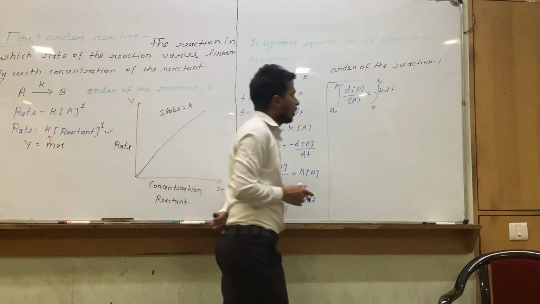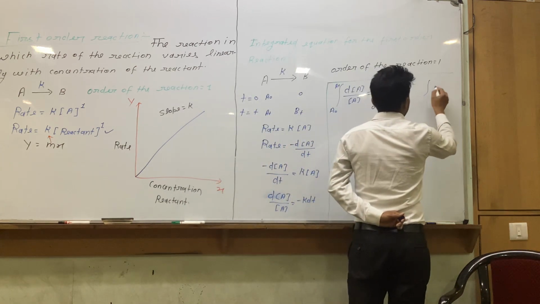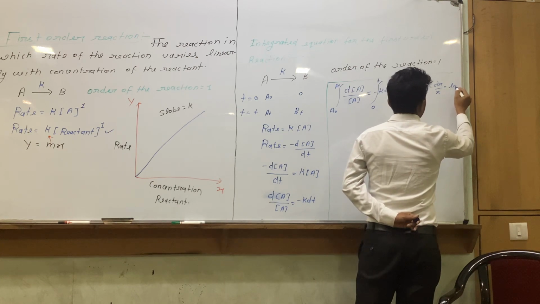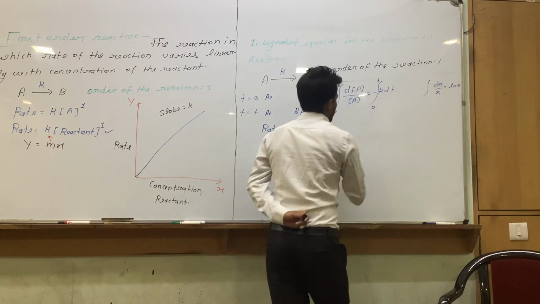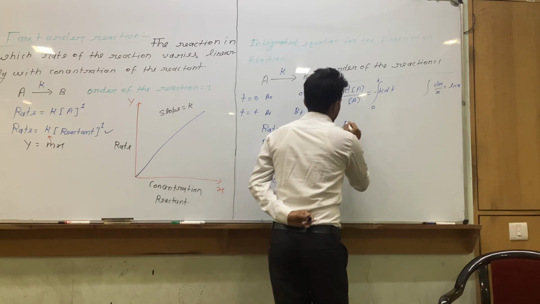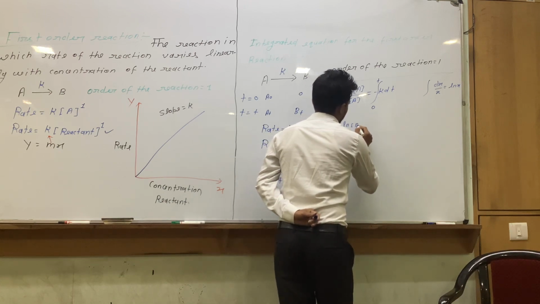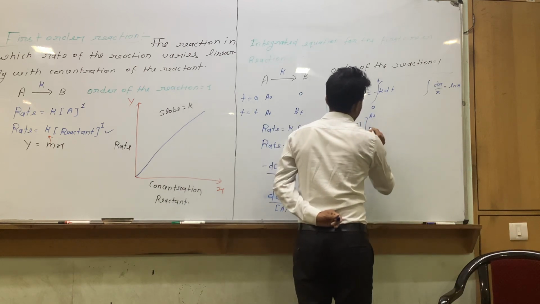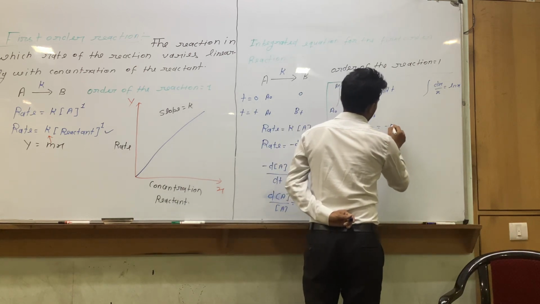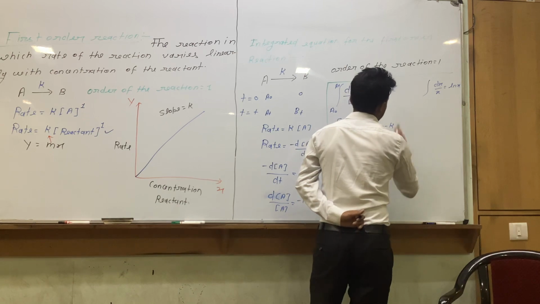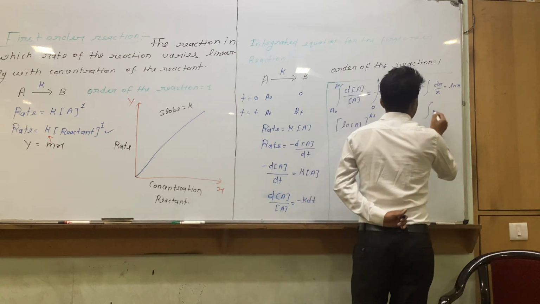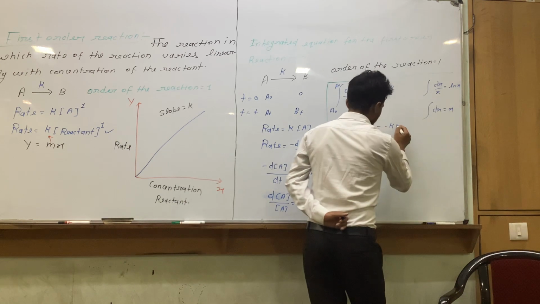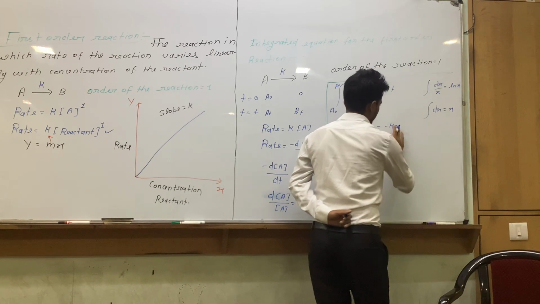So we know the formula, integration of dx upon x is equal to ln x. So this is something like this, ln A from A naught to At is equal to minus, and we also know the integration of dx is equal to x.